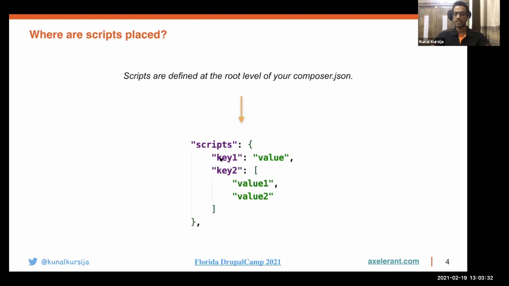It contains scripts in key-value format, where these key 1, key 2 are your scripts, and the values could be any PHP scripts, any bash scripts, any composer commands, drush commands, etc. That's what these values represent in this section. We'll get to know what they are in detail when we move to the next part of this session, during our demo.